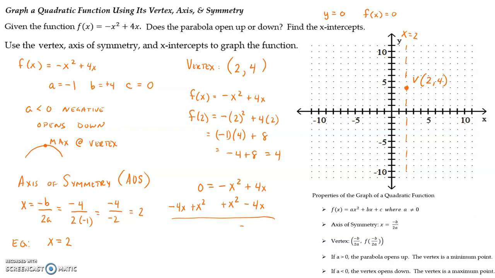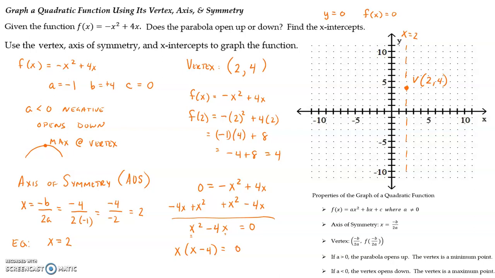And I'll rewrite this so that it's in the correct order here. We've got x squared minus 4x equal to 0. Right, and we have an x term here that's in common. We can go ahead and factor out the x out of each of those terms. And we'll be left with an x minus 4.